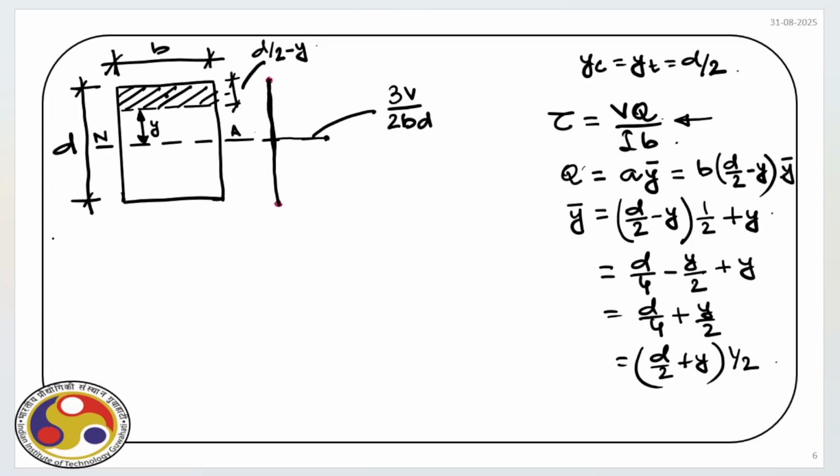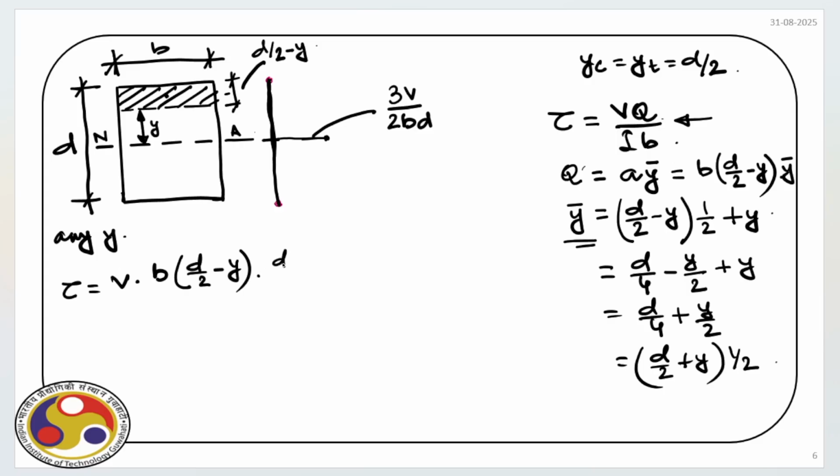So for any y we have tau as V times area, which is B times d by 2 minus y, times the CG of the section.